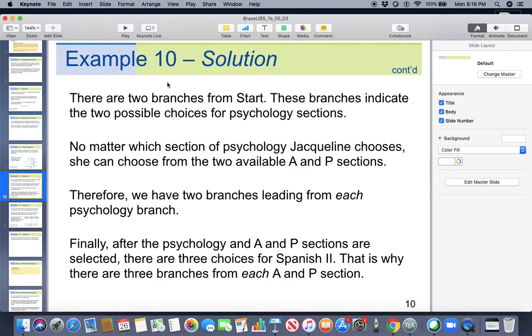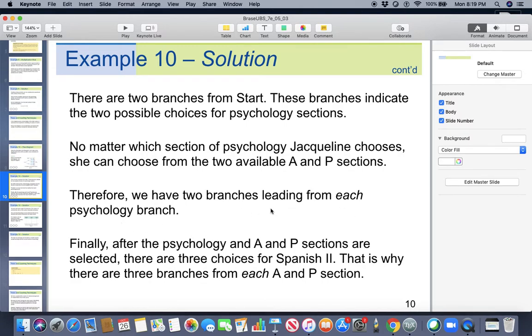There are two branches from the start. These branches indicate the two possible choices for psychology sections. No matter which section of psychology Jacqueline chooses, she can choose from two available A and P sections. Therefore, we have two branches leading from each psychology branch.